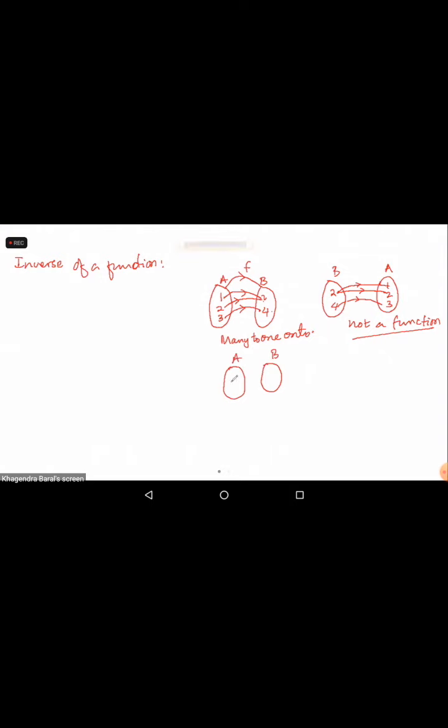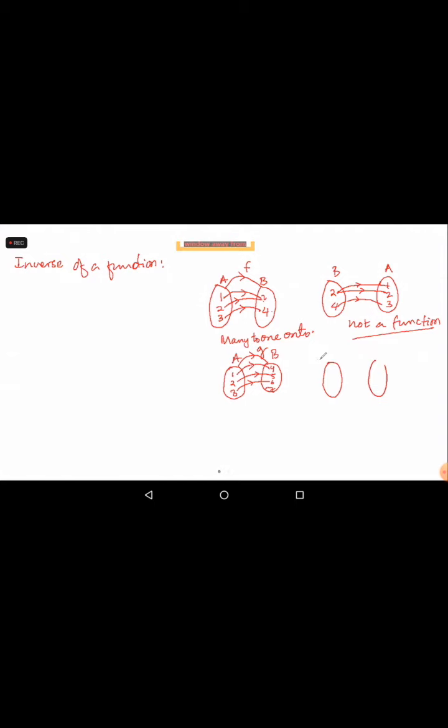Let us say the function g from A to B is defined by image of 1 is 4, image of 2 is 5, image of 3 is 6. And now to find its inverse, let us take the similar procedure of finding its inverse.